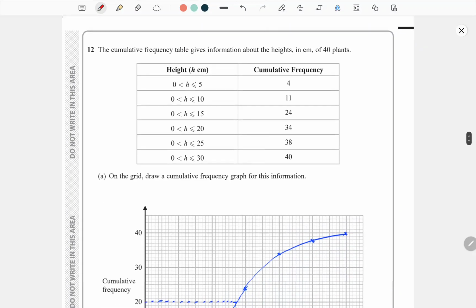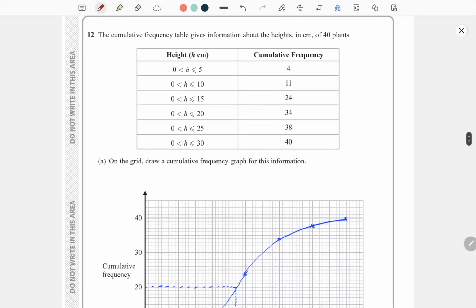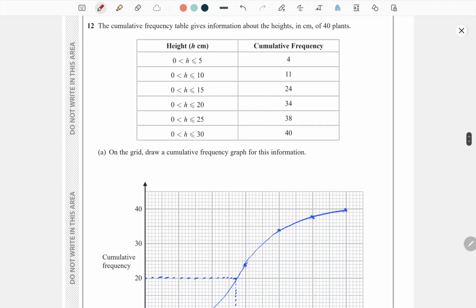Okay, moving on. Now, this is not as complicated as it looks. There's only one important point to say here. When you're doing a cumulative frequency graph, you must always put the point on the graph at the end of each interval. So these are your intervals, and the 4 effectively relates to the end of the interval.